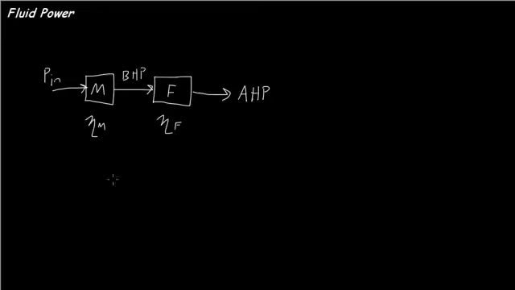Now I want to point out that sometimes these problems discuss the motor and the drive as separate components. So here's the drive. And this could be a pulley system or something like that, a belt. But we consider the brake horsepower to be the output of the drive in that case.